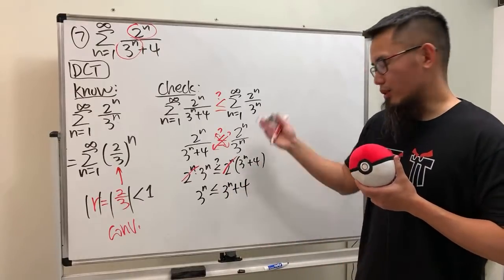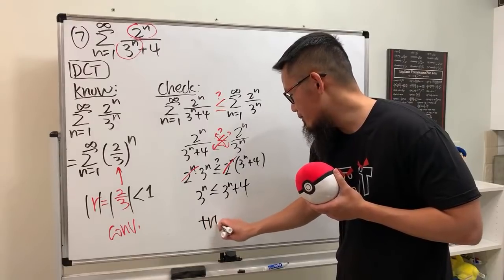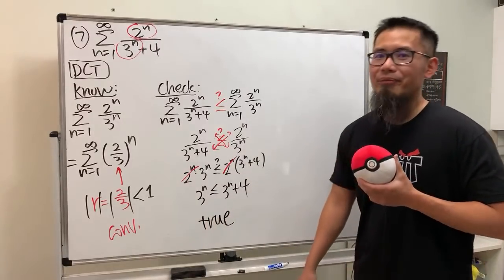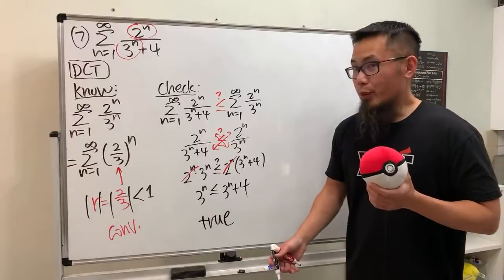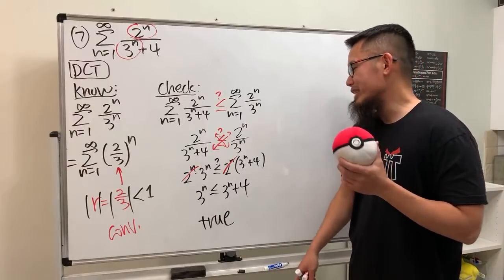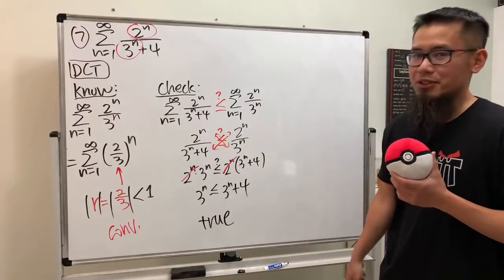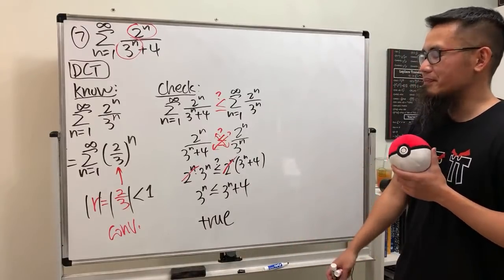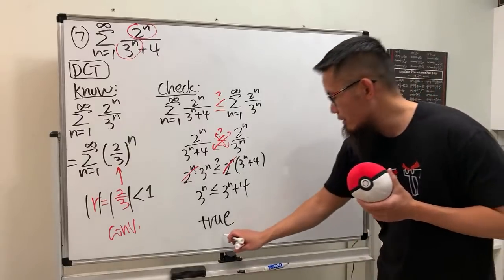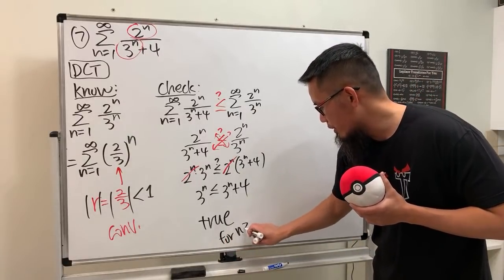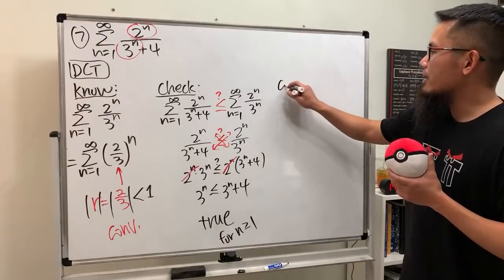Is this true? I think right now it should be clear. This is definitely true. So usually when you are trying to show inequalities, you just have to show enough steps so that people can be convinced that it is true. It is true for all n greater than or equal to 1.